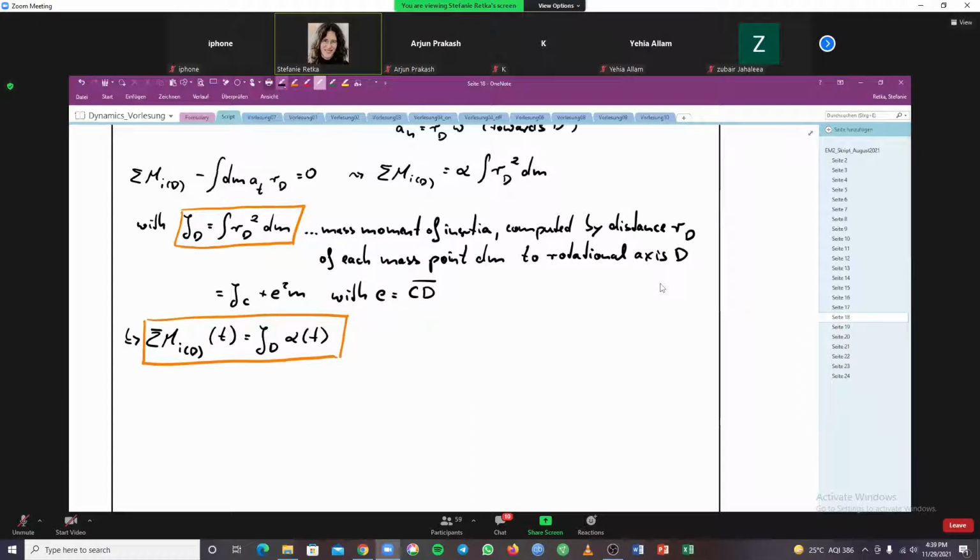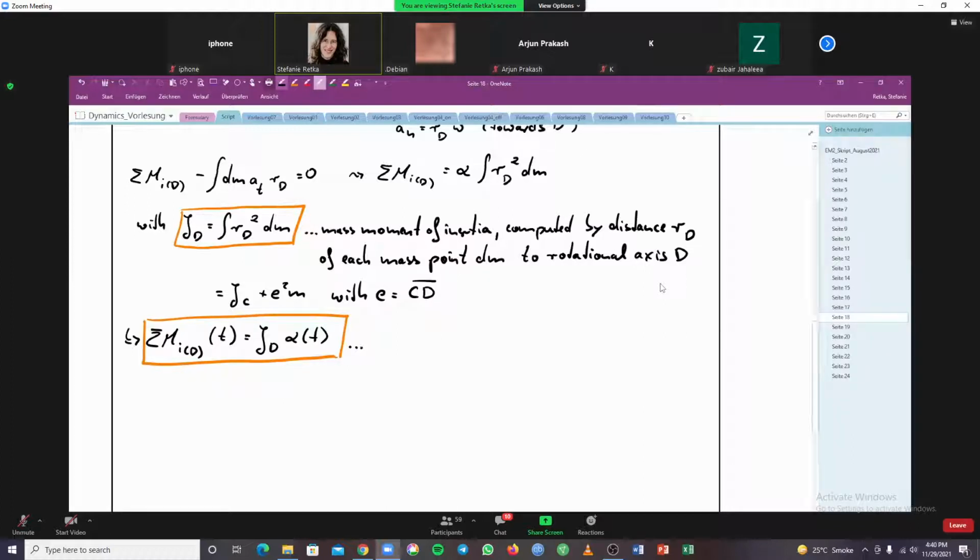Professor, I have a question. We say the summation of moment is equal to alpha times the integral of RD squared dm, right? Yes. Are we trying to make an analogy to JD? Like, JD is also equal to the integral of. Well, it's not an analogy. It's just a fact.